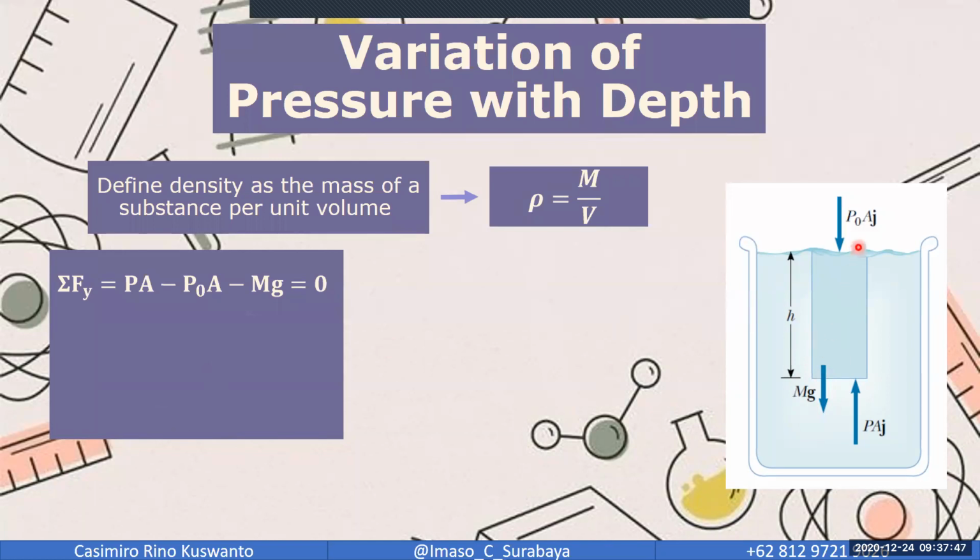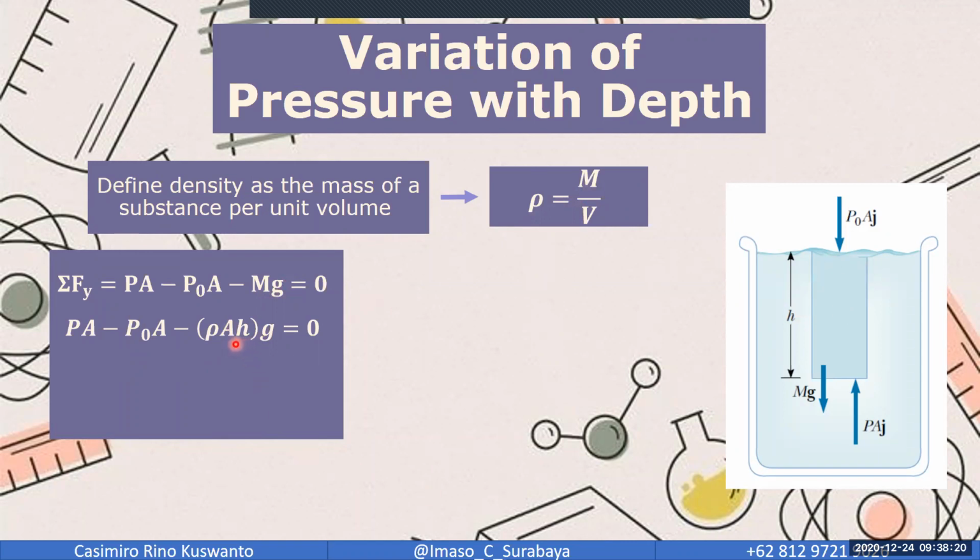If we put all of these three forces together, we get this equation, and if we rearrange it and substitute the m value by the rho definition, m equals rho times V, then m equals rho times A times h, where A is the surface area and h is the height of the box.